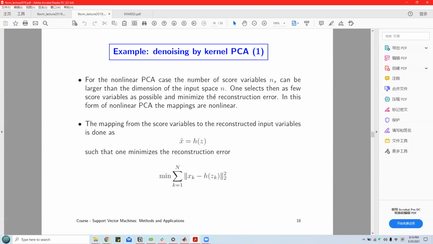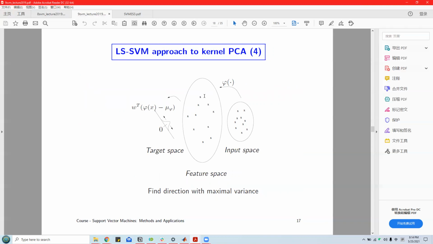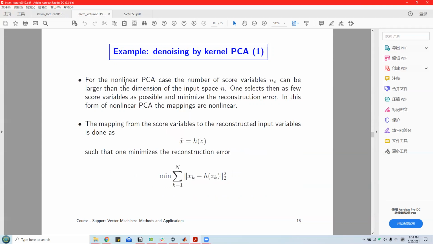But for kernel PCA, let me check which slide is talking about this. So here, for nonlinear PCA, you first transfer your input data into a high dimensional space, and then depending on the choice of your kernel, it can be infinite if you want.